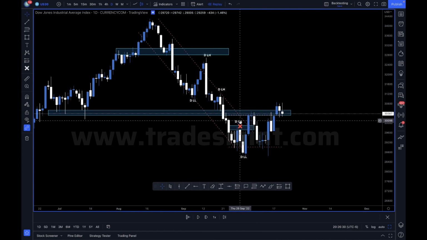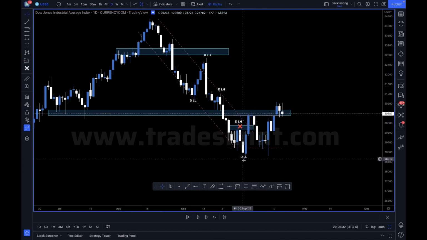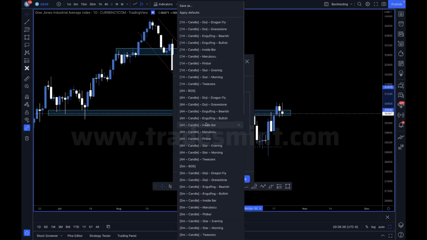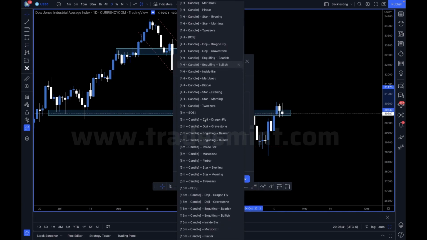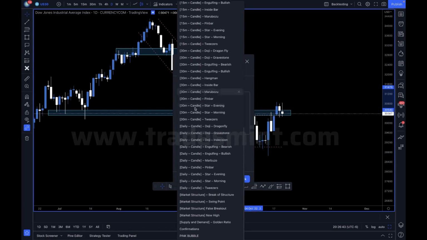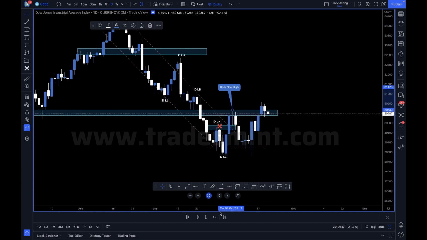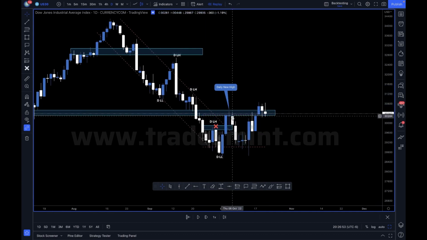So this is our lower high on the daily. This is a lower low, but then price comes and creates what appears to be a new high. Okay. So daily, new high. That's what it appears to be. Okay. But price comes here and ranges.